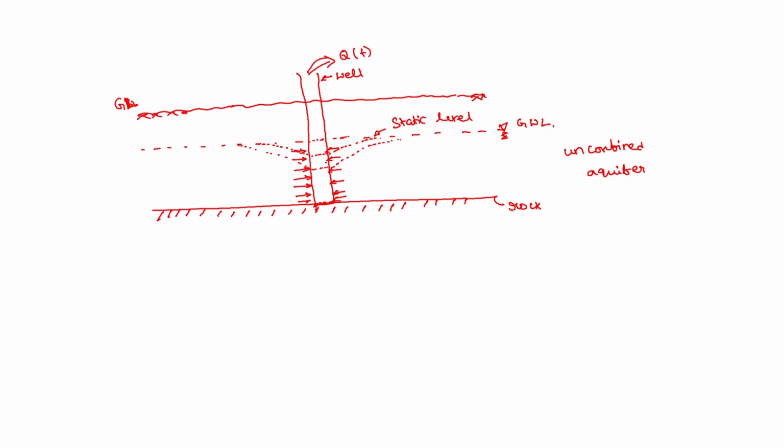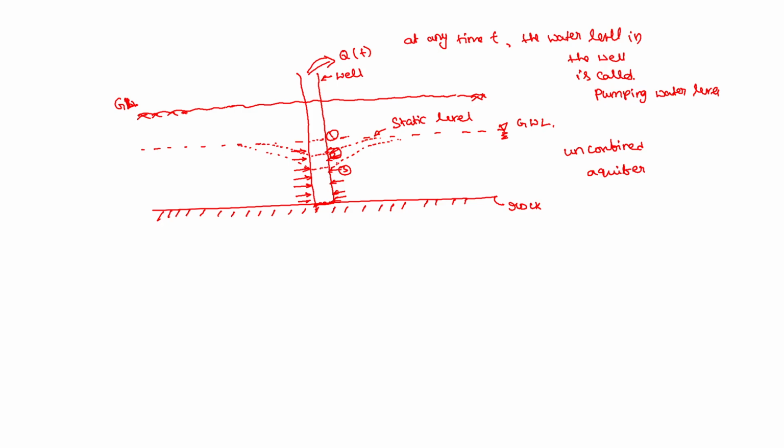Okay, so at any time t, the water level in the well is called the pumping water level. Initially it is here, and after some time it will become here and then here. As we pump more and more, the water level in the well will decrease.